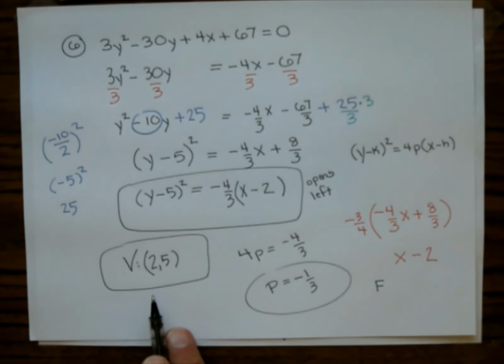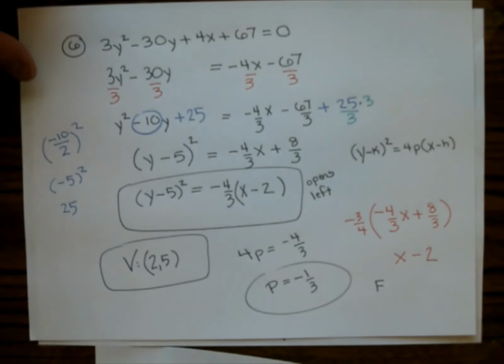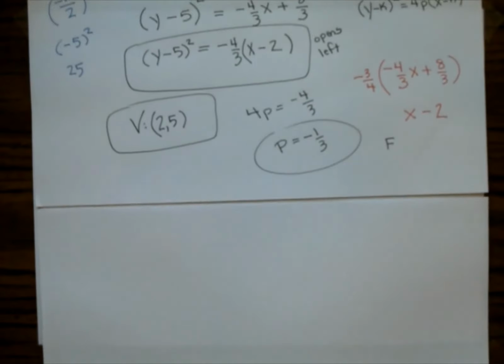We have 2, 5. Let's just go ahead and do this. I know I'm done, and maybe I should just go ahead and work this all out just so we have it, okay?